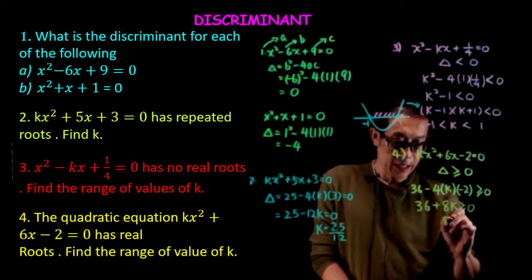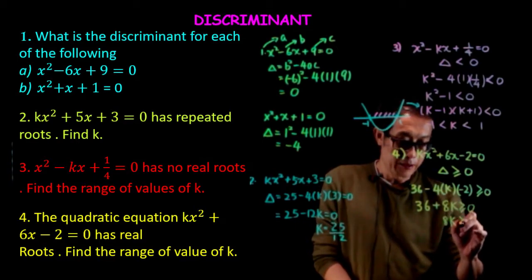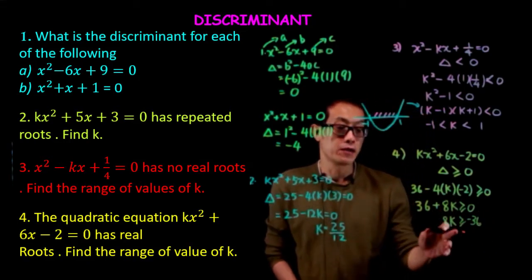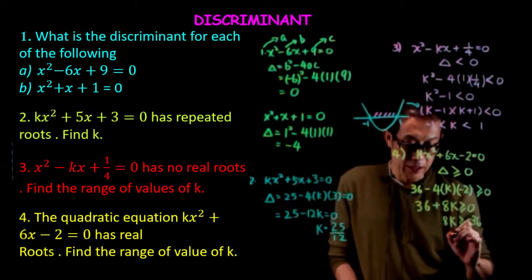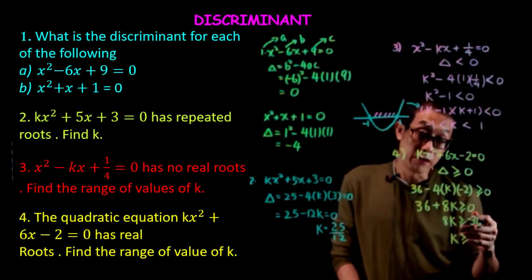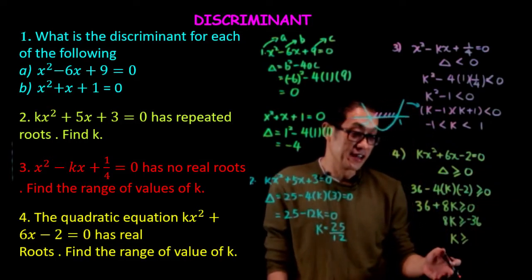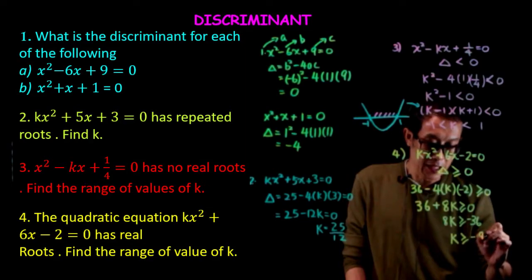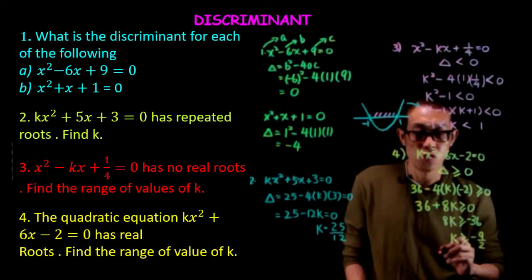That means 8k must be greater than or equal to minus 36. So you divide by 8 on both sides, and after that you can simplify it. So k must be greater than or equal to minus 9 over 2.